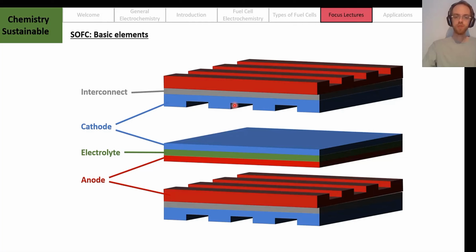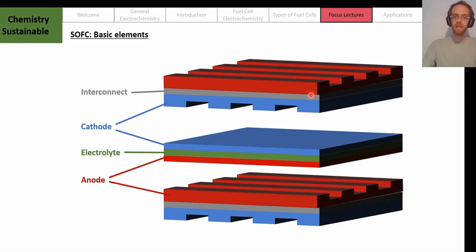Through these channels here, our oxidizer is streamed, and respectively down here through these channels, which are going perpendicular to the other ones, we stream through our fuel. And this is basically one small cell, and this cell is stacked with multiple others.